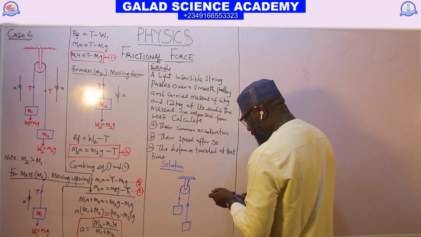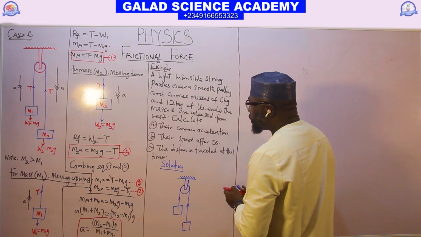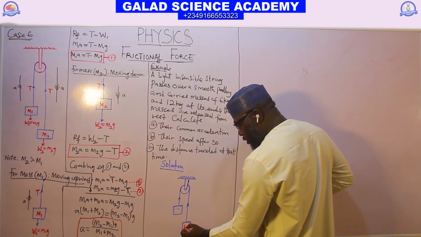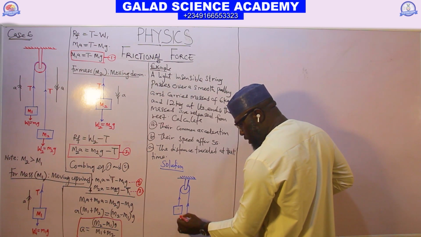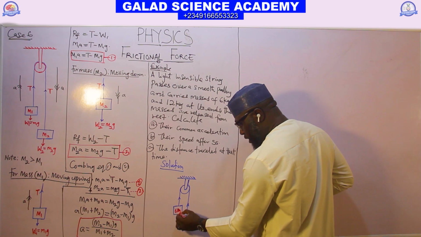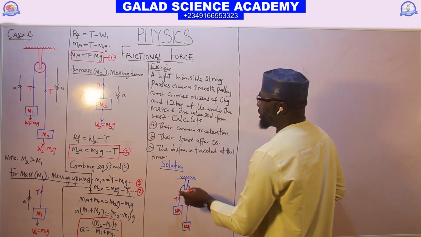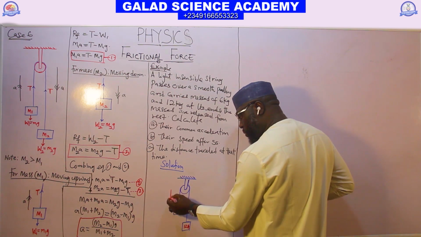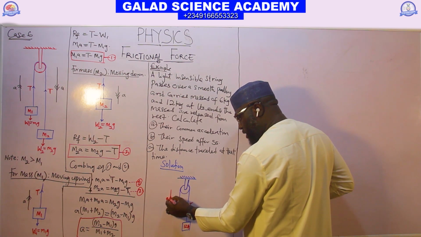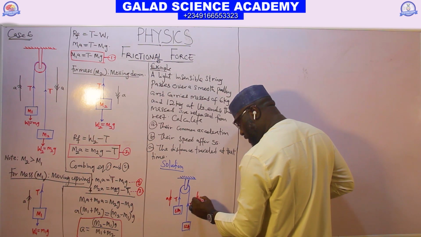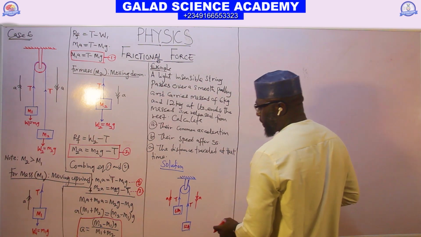So from this, we know that this one is 12 kg. Here we have 6 kg. Tension T, tension T. So the acceleration, this one will be moving along this direction. This will be moving along this direction.